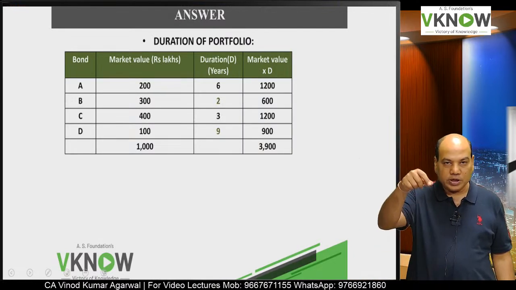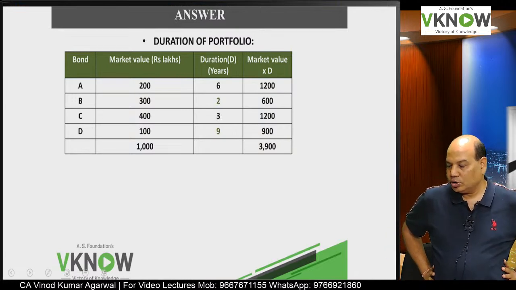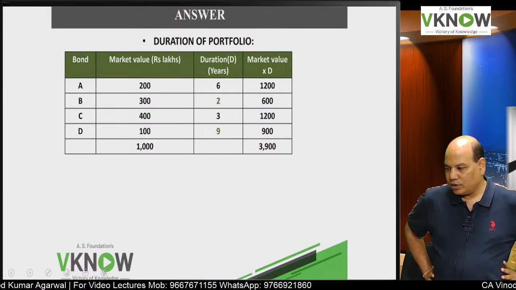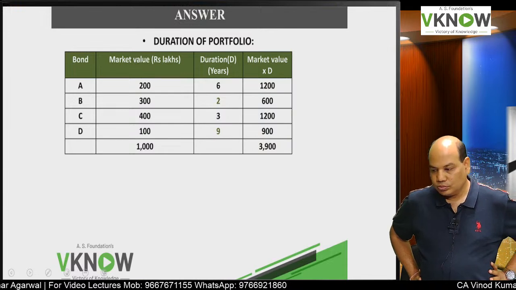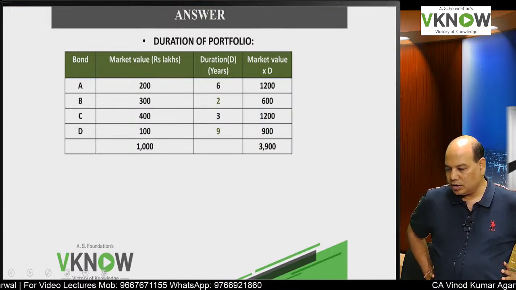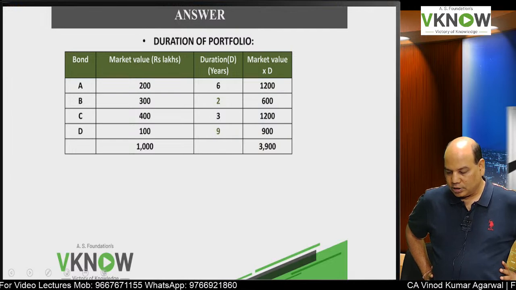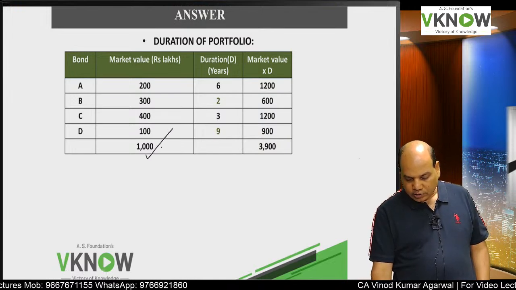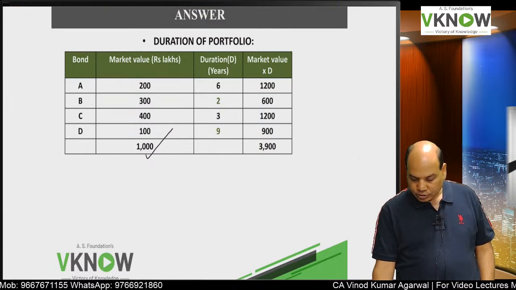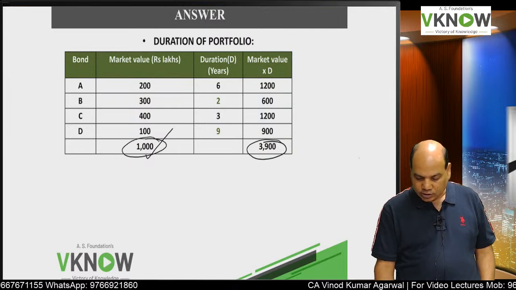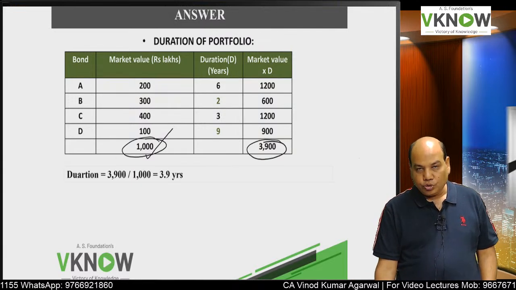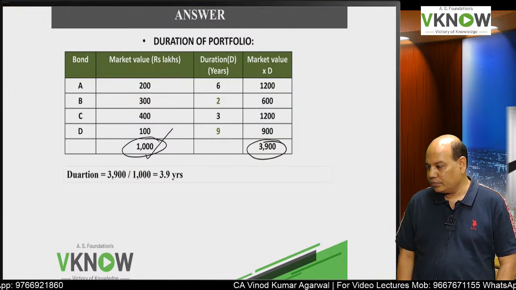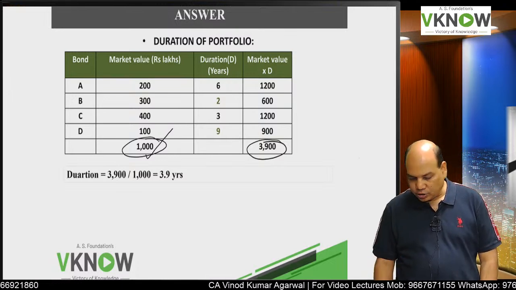In your book you can complete the last column so that you can save time. 200 into 6, 1200, 300 into 2, 600, 400 into 3, 1200, 900, total 3900, and total of the market value of investment is 1000. 3900 divided by 1000 will give you duration of the bond portfolio, 3.9 years. Duration is 3.9 years. Very good.